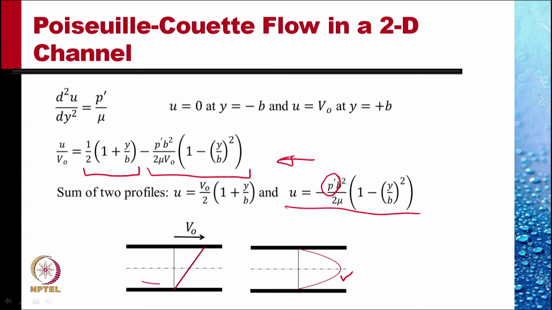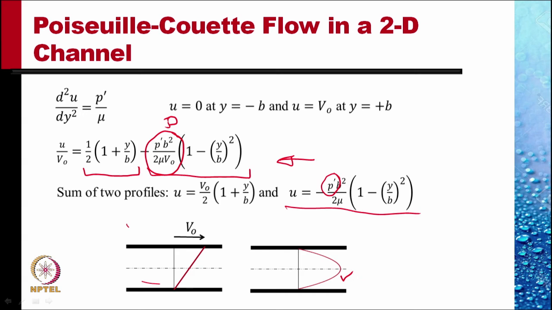This parameter here, which we denote as a script P, determines the relative importance of the linear profile and the parabolic profile.